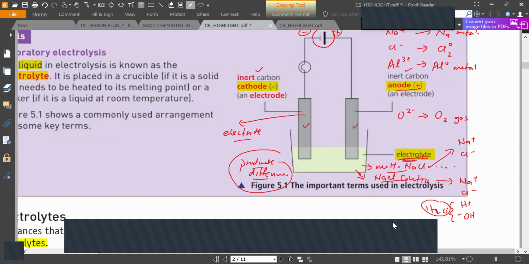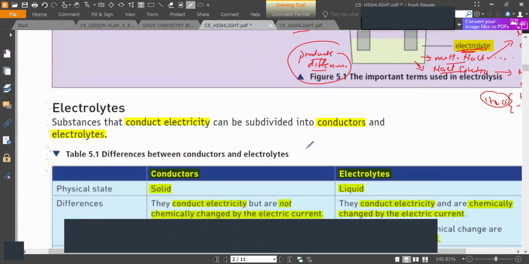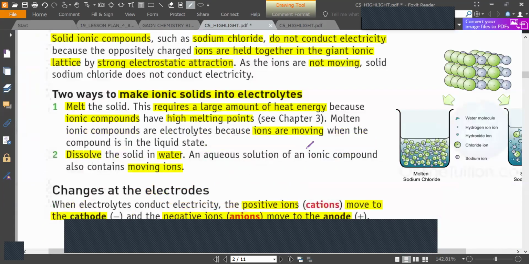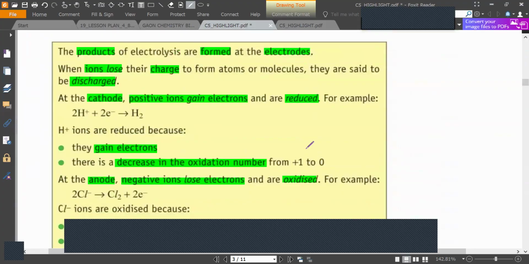Last week we discussed all the details. So what happened at the electrode? We will have oxidation and reduction. If we have a positive ion, it will be reduced back to zero oxidation state.